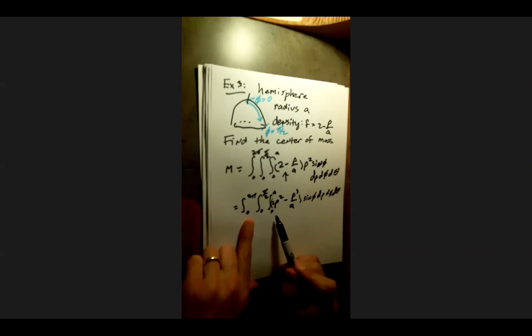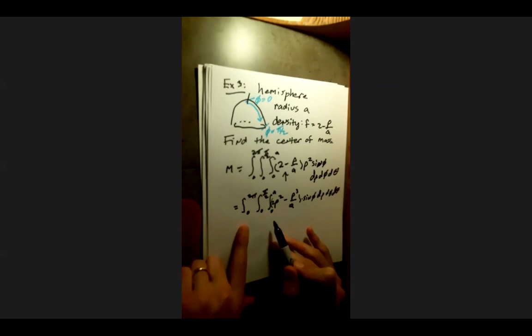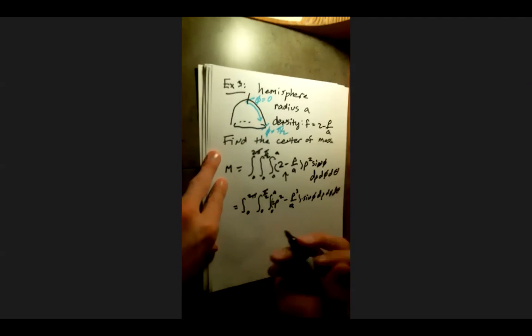Are there any variables in the limits of integration? No. And notice that in the integrand itself, we have a product. So no variables in our limits of integration, and so this means we can separate it out. We can use a handy trick.